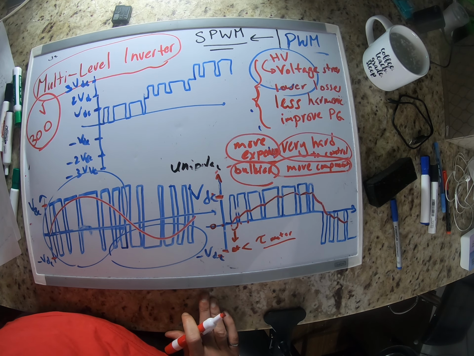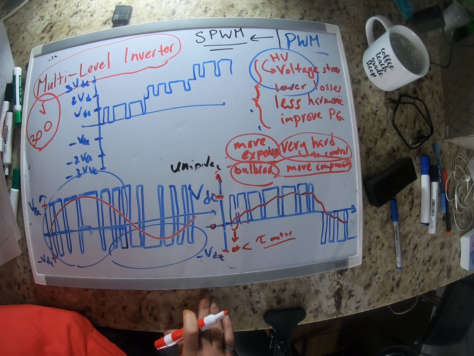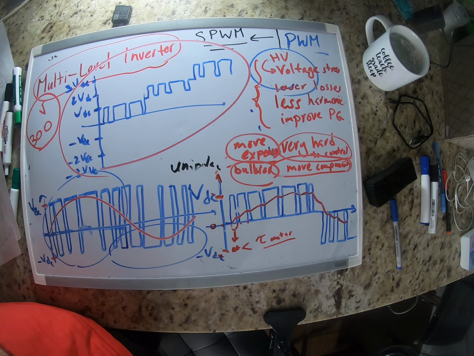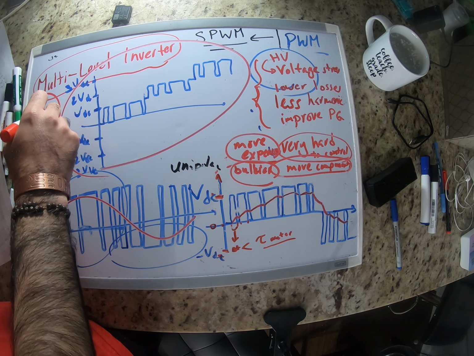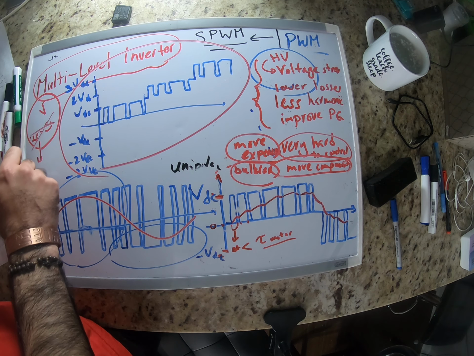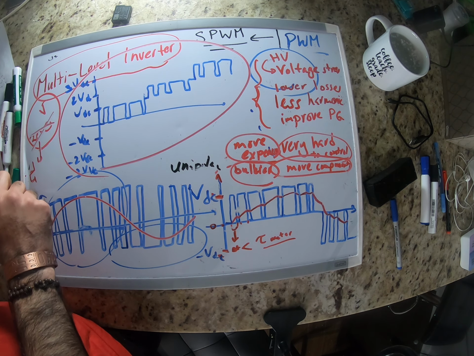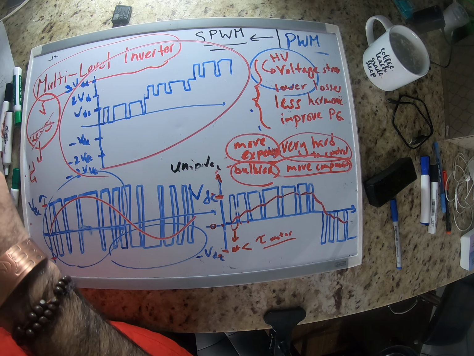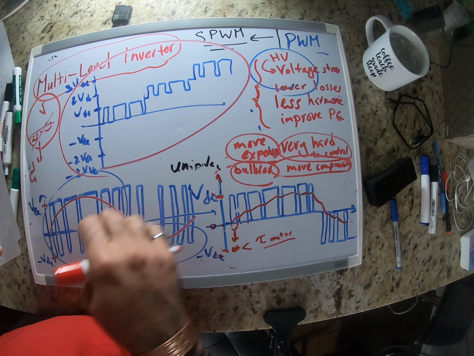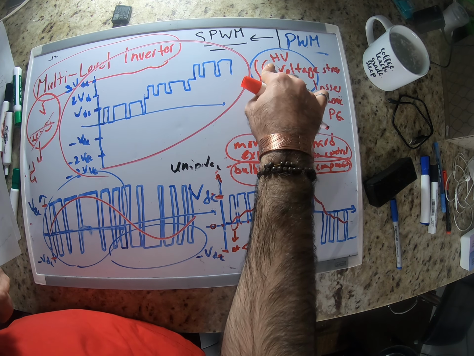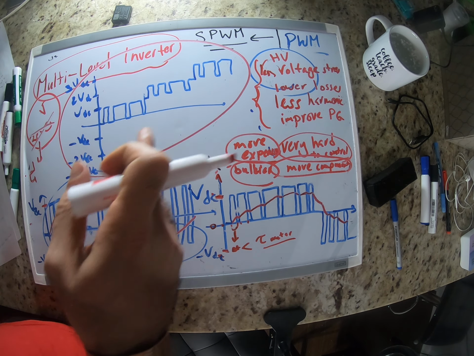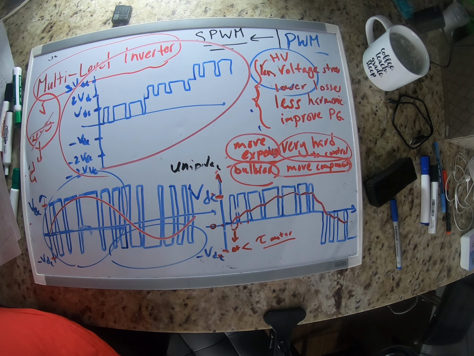Then you either have to buy higher voltage switches, which are very expensive, or you can have a multi-level inverter, right? So basically break this voltage among many different layers of switches, right? So then you're dividing that voltage among different switches. So you have less voltage stress on your equipment, and on the load as well.